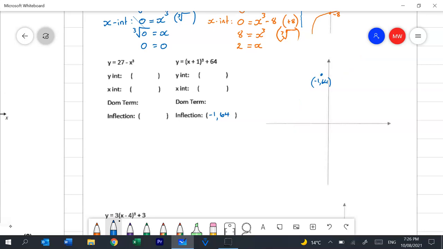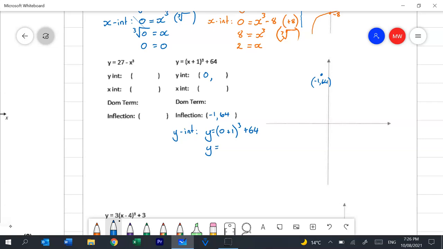We don't know our y-intercept yet, so we do that by making x 0. So if we're working out our y-intercept, what's y going to be if we make x 0? 0 plus 1 cubed plus 64.